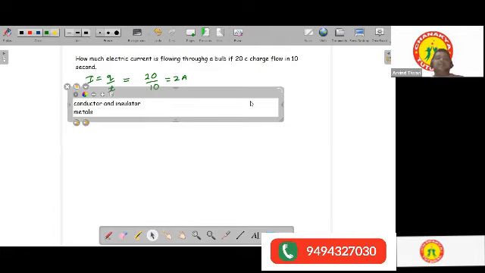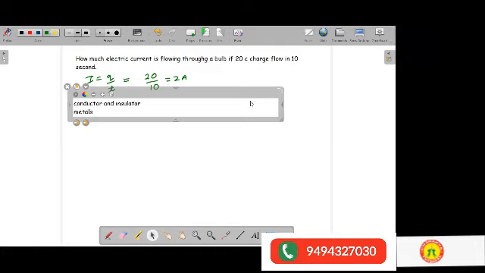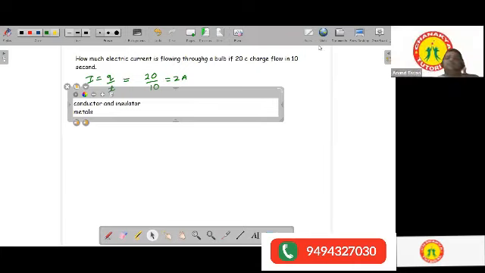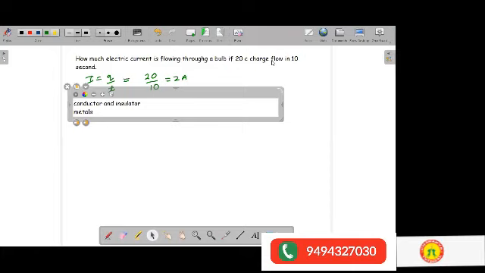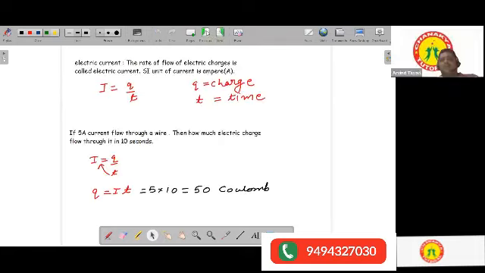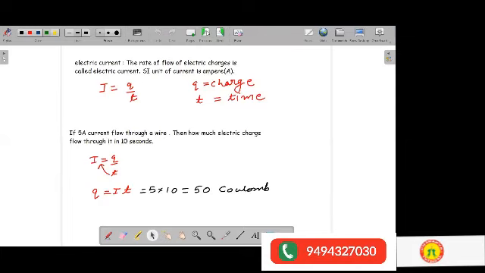A student asks about the first slide: how much electric current is flowing? You wrote it like another G, sir. Where? Just repeat your question slowly.